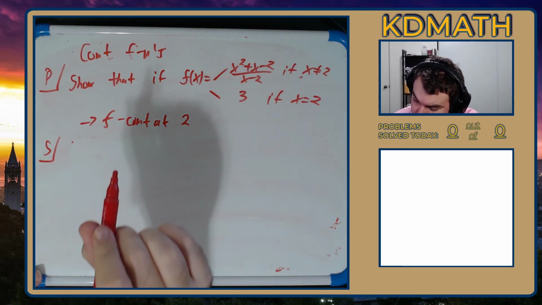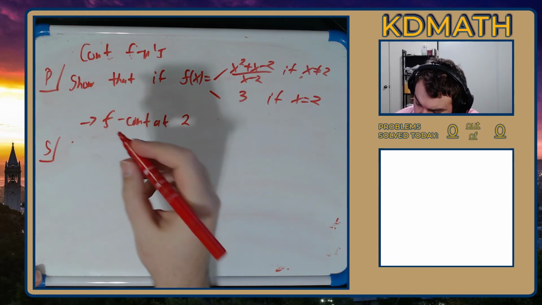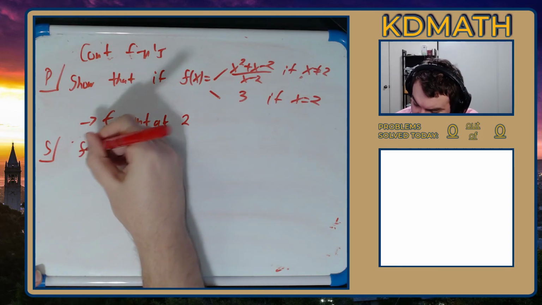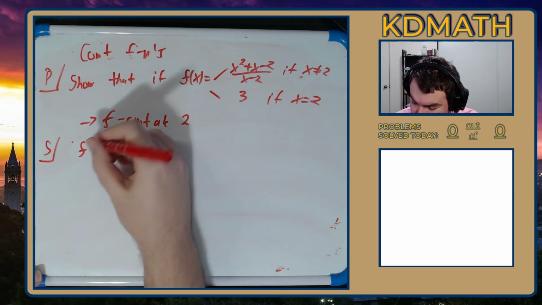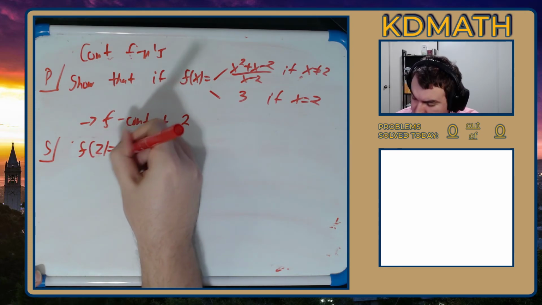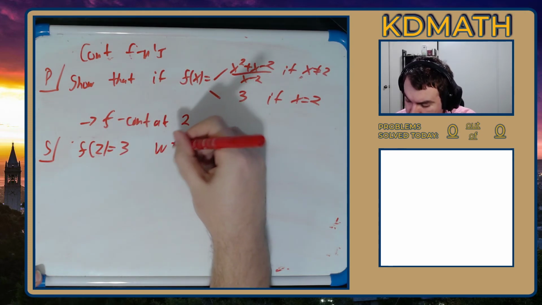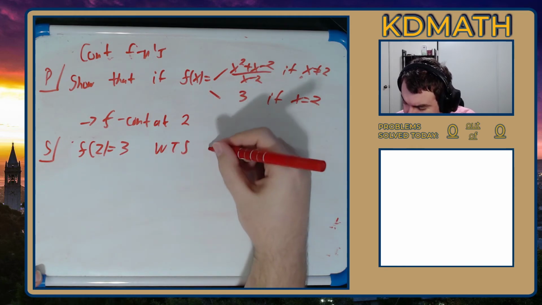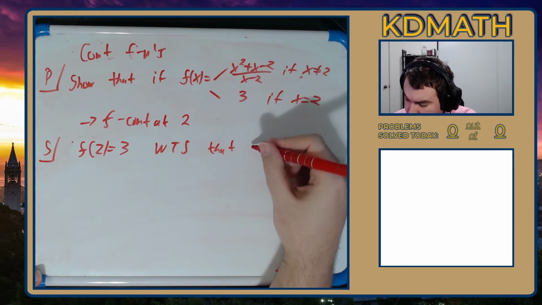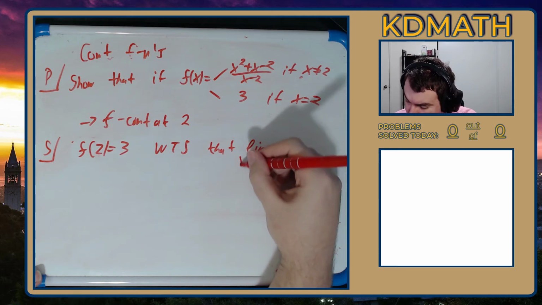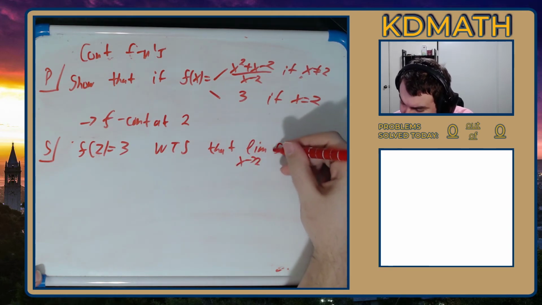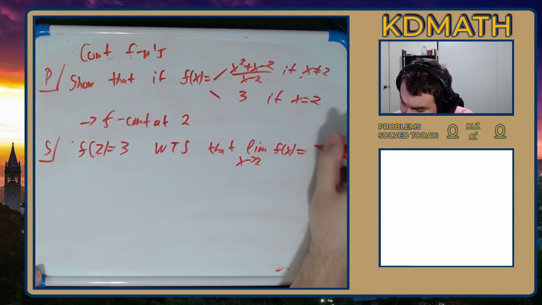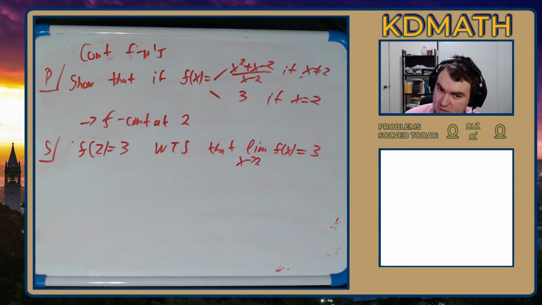Okay, so what's going on here? Well, f of 2 equals 3. So we want to show, WTS, want to show that the limit as x goes to 2 of f of x equals 3.